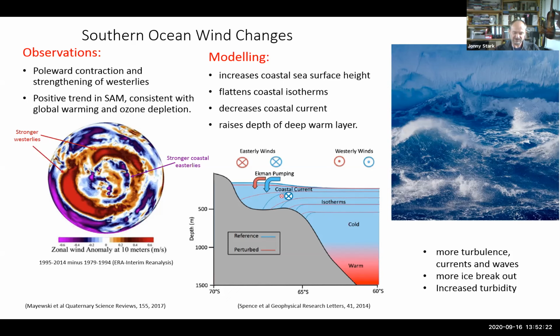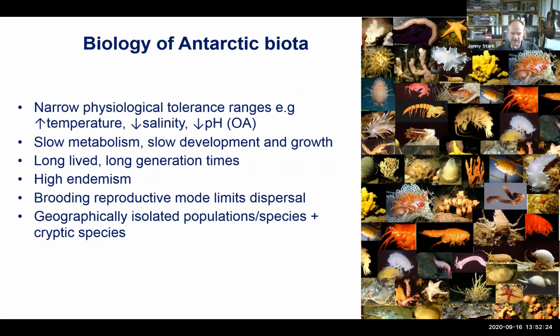So how might some of these changes actually directly affect biota? Well, we know that many Antarctic organisms have narrow physiological tolerance ranges to things like temperature and salinity, and that these are changing. So temperature's increasing, salinity's decreasing, so they're likely to be facing multiple stresses. We know many organisms have slow metabolism, slow development and growth.